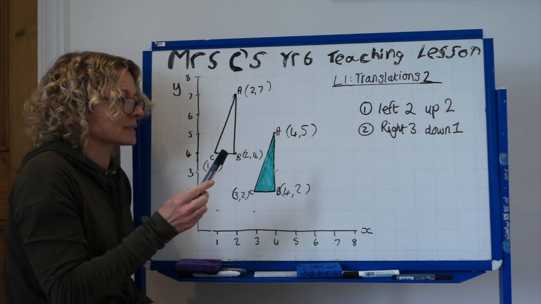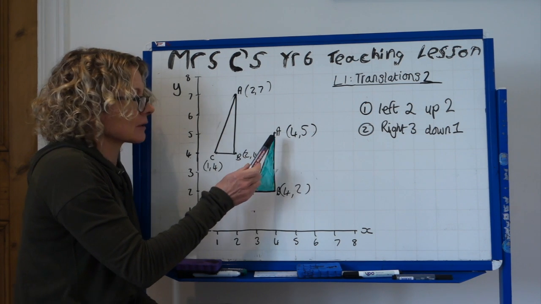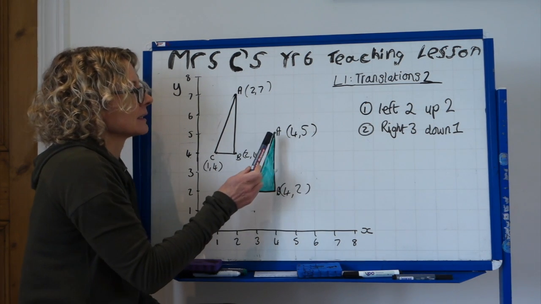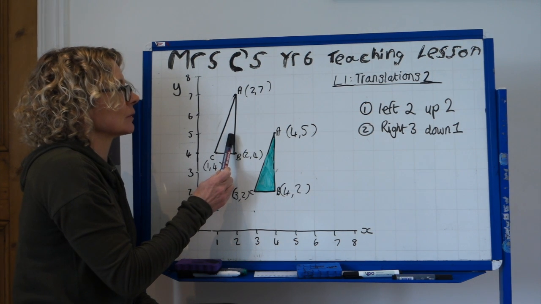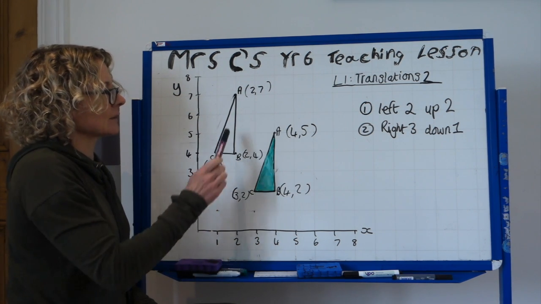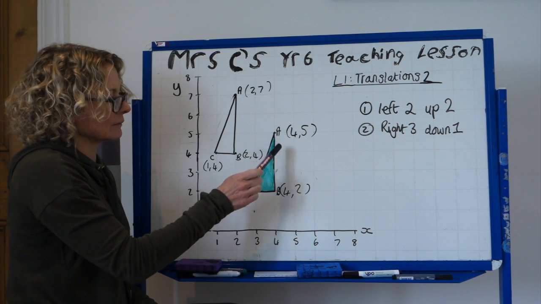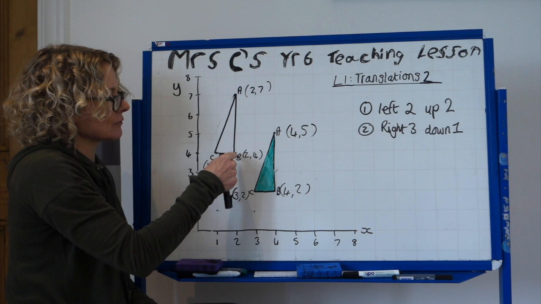So I told you yesterday the best thing is just to concentrate on one point. So hopefully you did, and you went left 2, 1, 2, and then up 1, 2 with that point A, and you got it there, okay? And then you just count how wide the triangle is and recreate that.